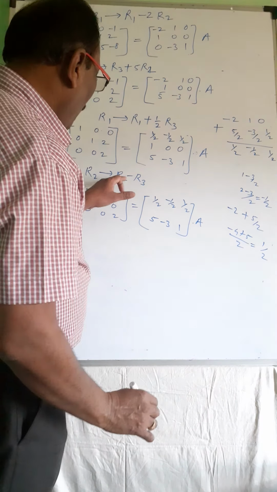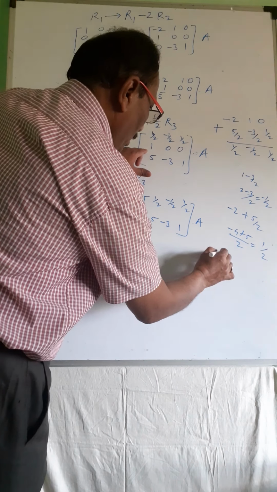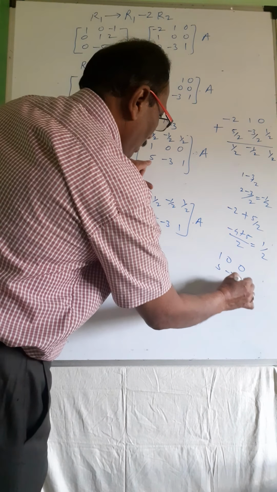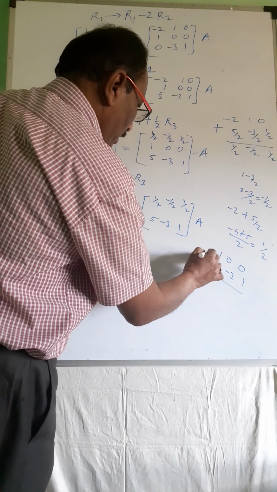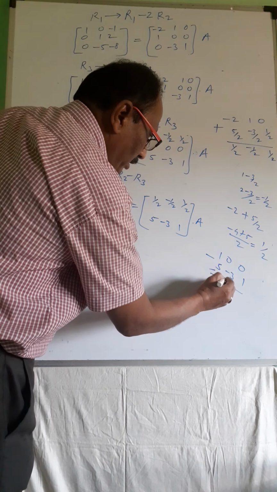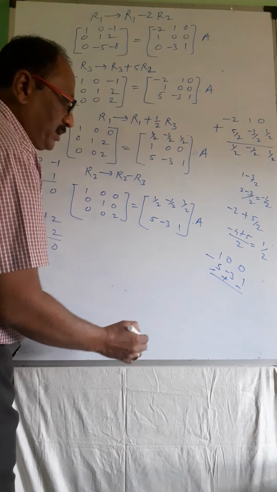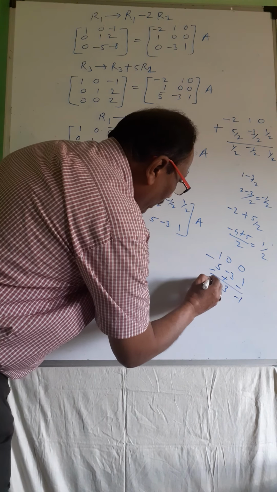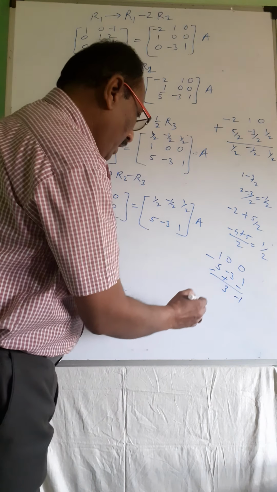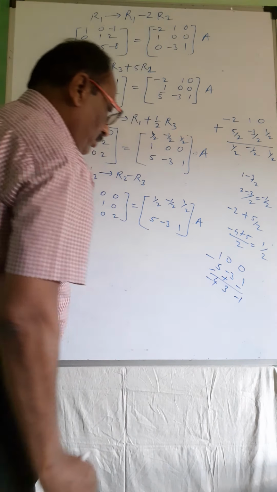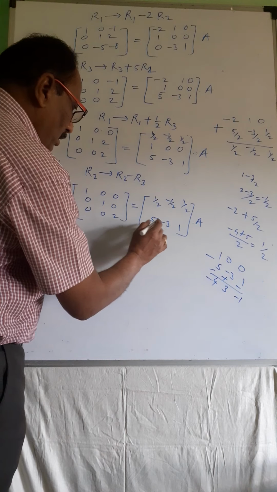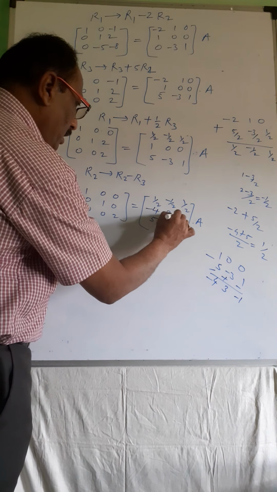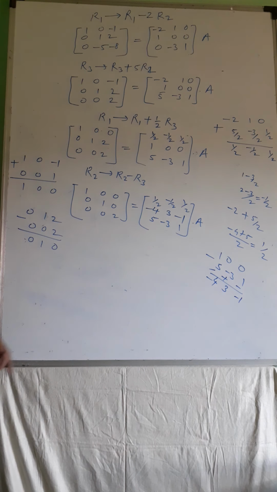Here also R2 minus R3, R2 is 1, 0, 0, R3 is 5 minus 3, 1, means minus is here, subtraction, minus minus plus, minus sign will be changed, minus 1, here plus 3 and 1 minus 5, that is minus 4, 3 and minus 1.